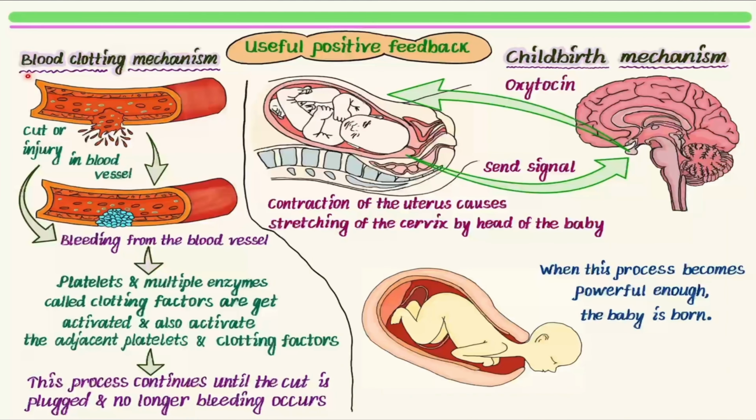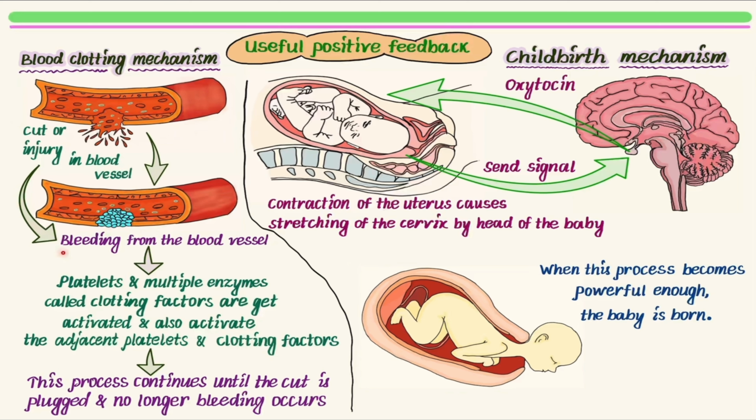Now I am going to talk about some useful positive feedback mechanisms. Here the blood clotting mechanism is a positive feedback mechanism that the body uses for its advantage. Here, this is the blood vessel in which different blood cells like WBC, RBC, platelets, and different substances are present.